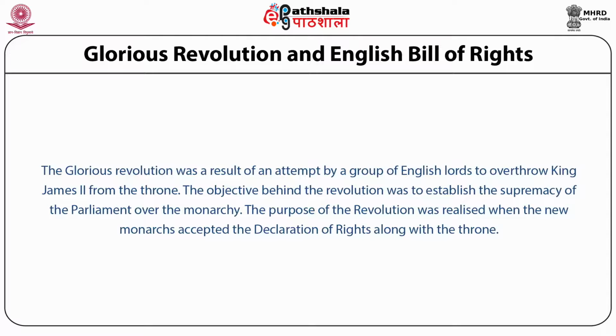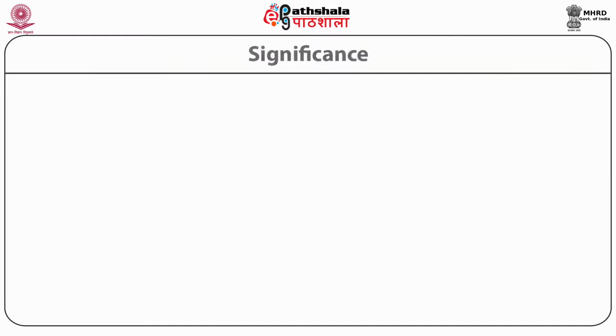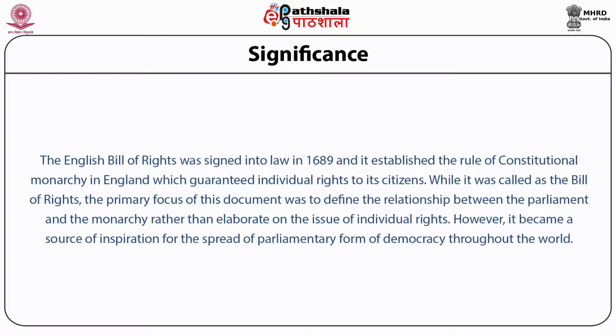The purpose of the revolution was realized when the new monarchs accepted the Declaration of Rights along with the throne. The Glorious Revolution and the English Bill of Rights have a great significance in the historical development of human rights.